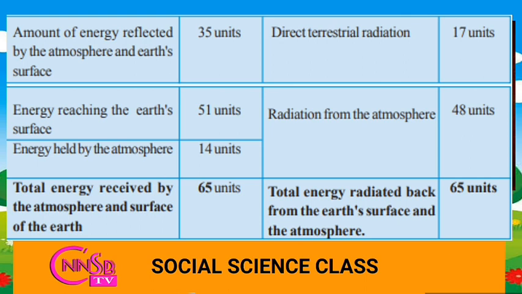The total energy received by the atmosphere and surface of earth is 65 units, and the total energy radiated back from the earth surface and atmosphere is also 65 units. That's why we can call the heat budget a balanced budget.